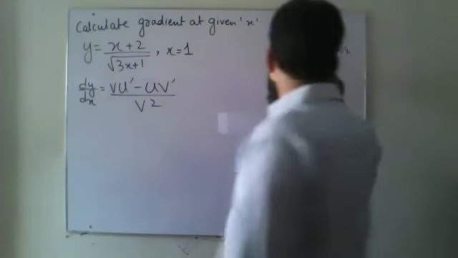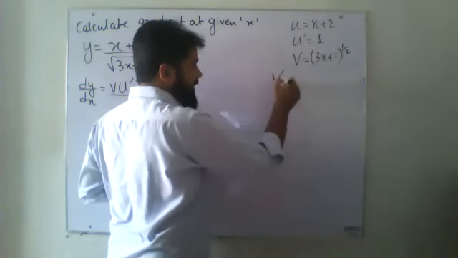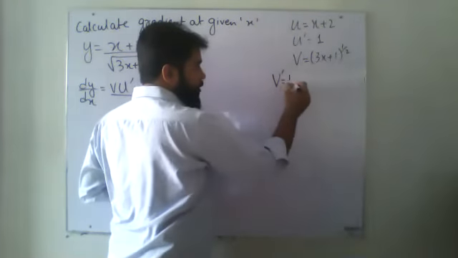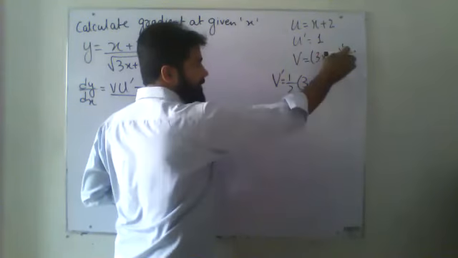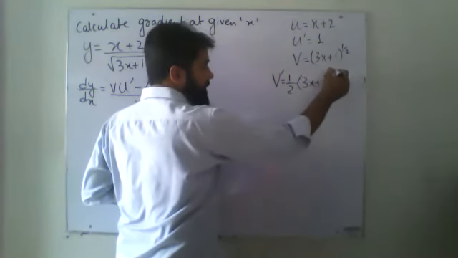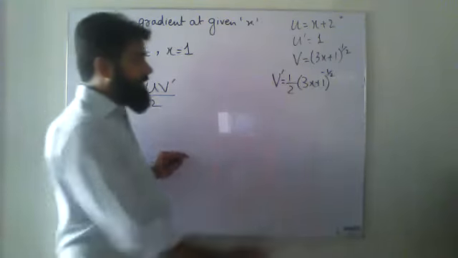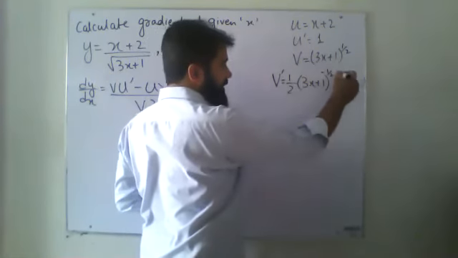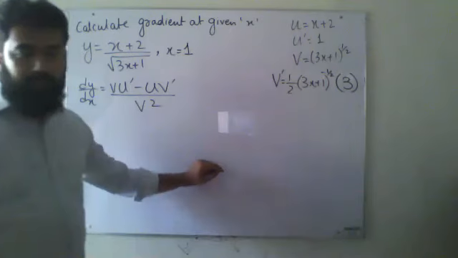Now when I'm going to differentiate this thing, what will happen? The v differential will be, the whole power will be written before and the power will be reduced by 1. Half minus 1 will be minus half. After that, the differentiation of whatever is written inside, which will become 3.